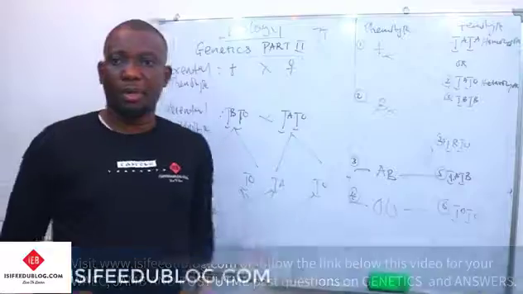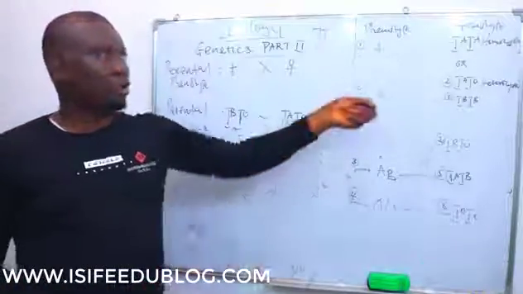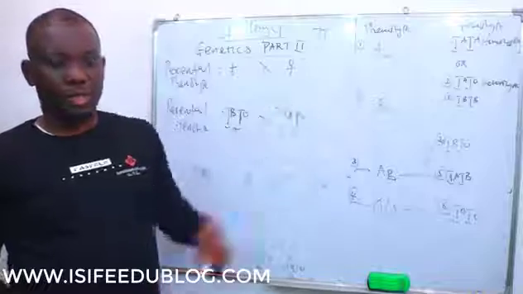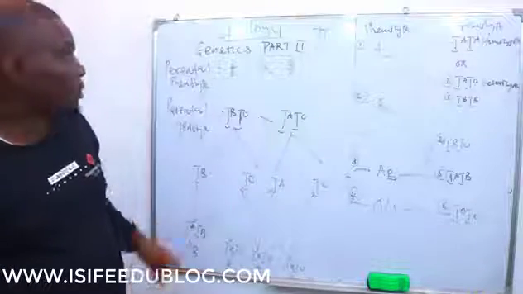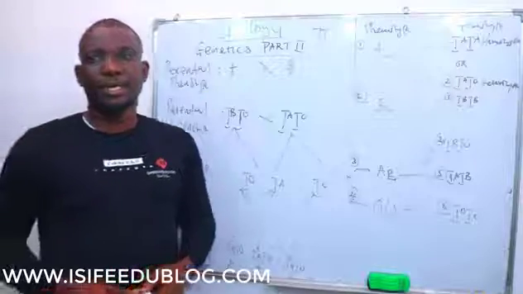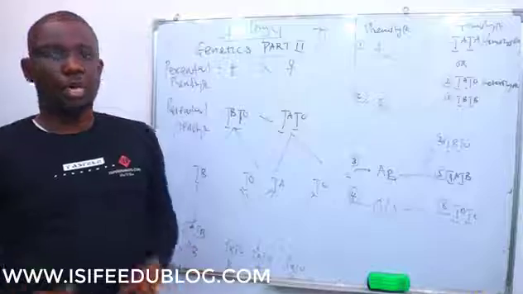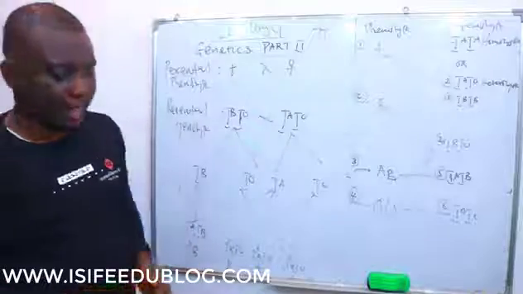Maybe from our question section, we look at past questions on this, specifically on JAMB. So we look at the next inheritance that deviates from Mendelian principles, which is sex-linked traits.